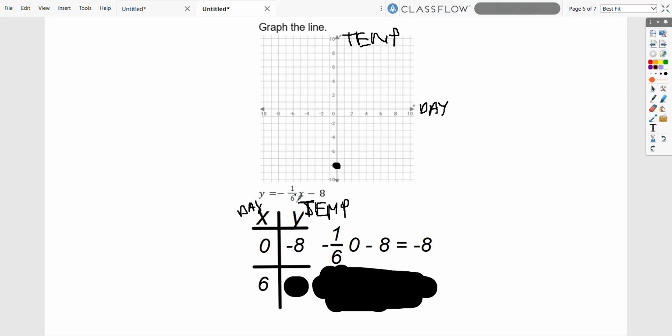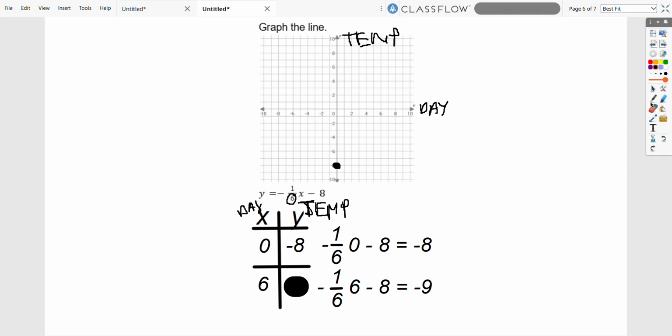When you plug in that 6, we see here that those 6's are going to cancel. -1 minus 8 is -9, so we get 6, -9. So we go to day 6, that's right there, and then the temperature is down to -9, right there. So now we can see the day is 6, the temperature is -9, perfect.